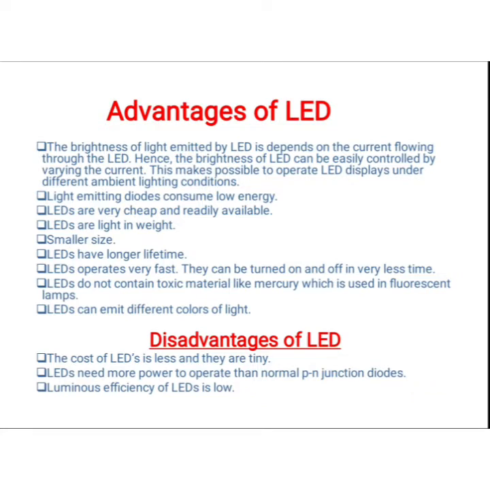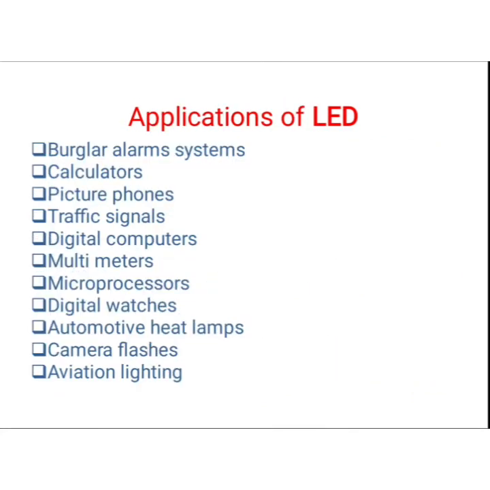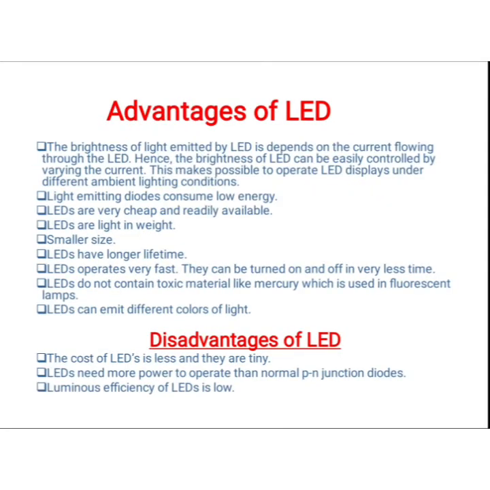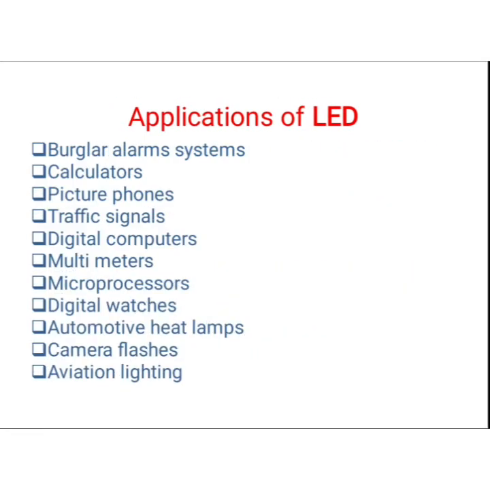Then luminescence efficiency of LED is low. And then applications of LED, as I told you: burglar alarms, calculators, picture phones, traffic signals, digital computers, multimeters, microprocessors, digital watches, automotive heat lamps, camera flashes, and aviation lighting, etc. So these are the applications of LEDs.